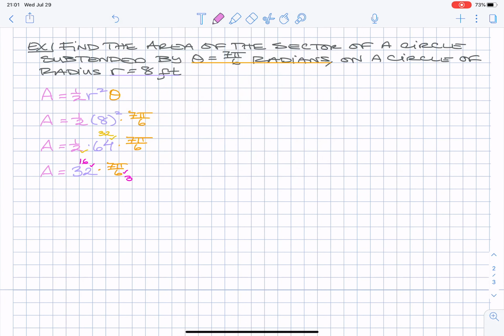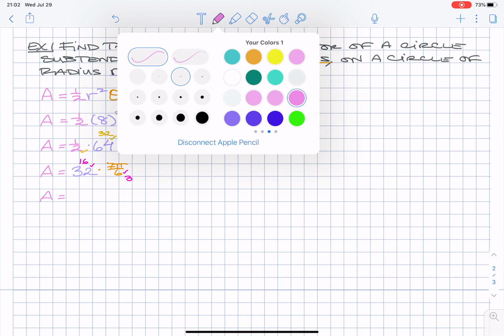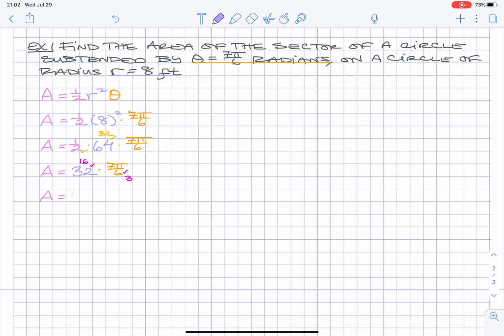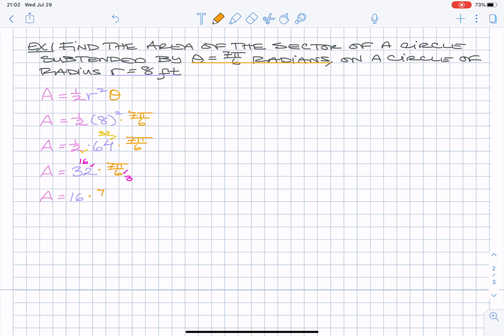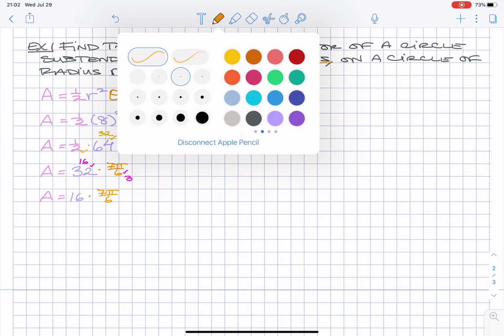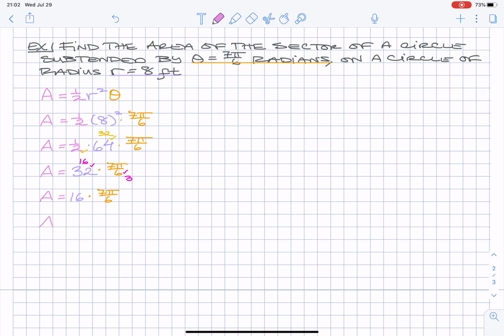So we get that the area is going to be 16 times 7 pi over 3. First let's figure out what is 16 times 7. Well, 10 times 7 is 70, and 6 times 7 is 42.